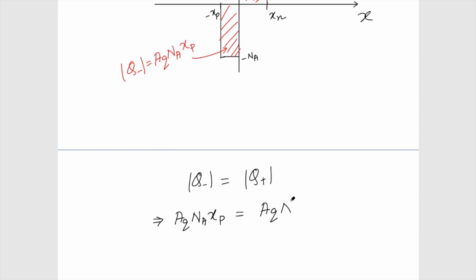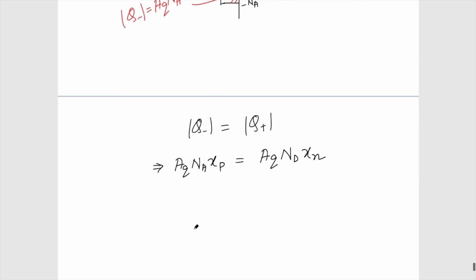A q Nd xn. So if I find the ratio of the xn and xp, what I'll get here is xn by xp should be equal to Na by Nd.